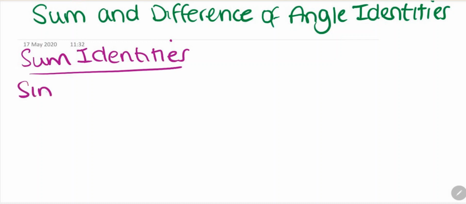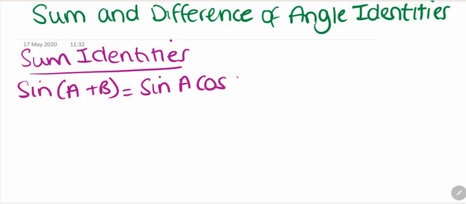we have the sine of a plus b, and the formula for this is sine a cosine b plus cosine a sine b.